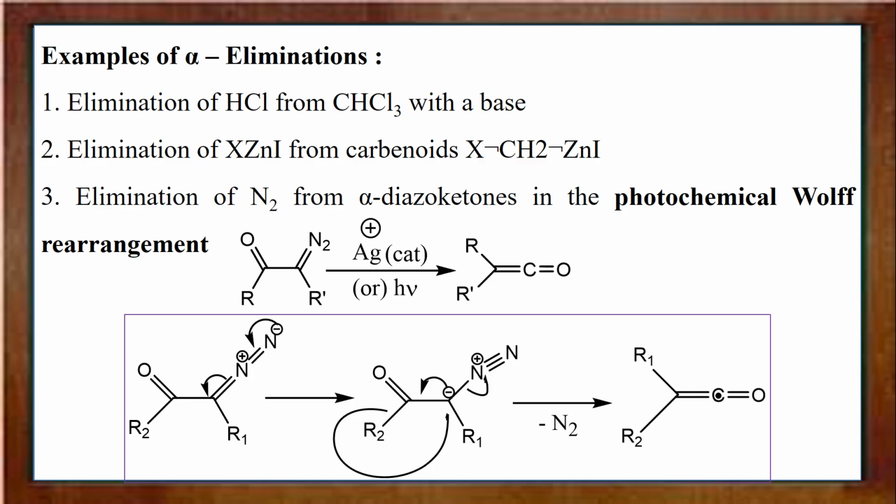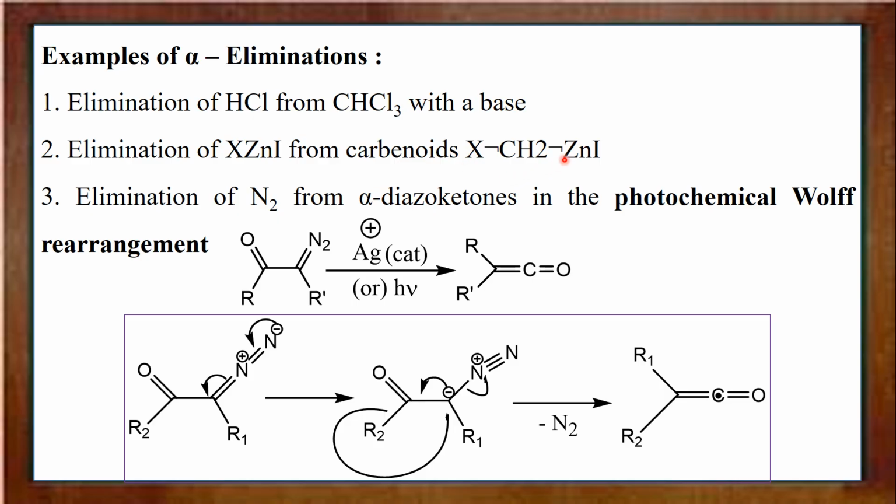Let us look at a few more examples for alpha eliminations. Elimination of hydrogen chloride from chloroform using a base. This is the reaction we discussed just now. Another reaction is an elimination from Simmons-Smith type reagent, resulting in the formation of a methylene.